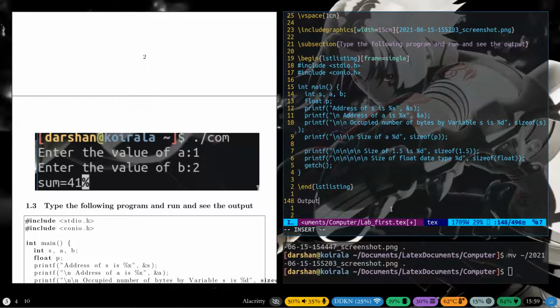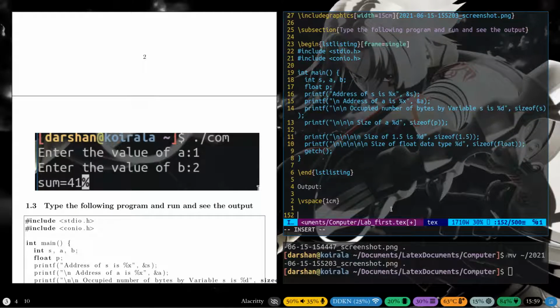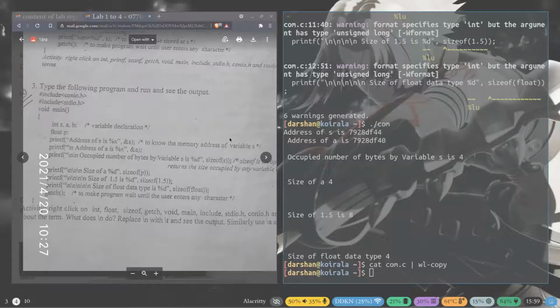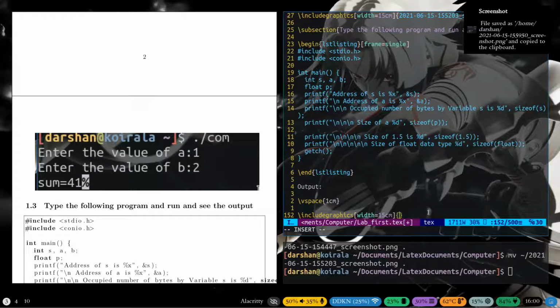Output is, what is it, displays centimeters. It is going to be include graphics. Width is the traditional 15 centimeters, and I'm going to screenshot this, this thing right here.